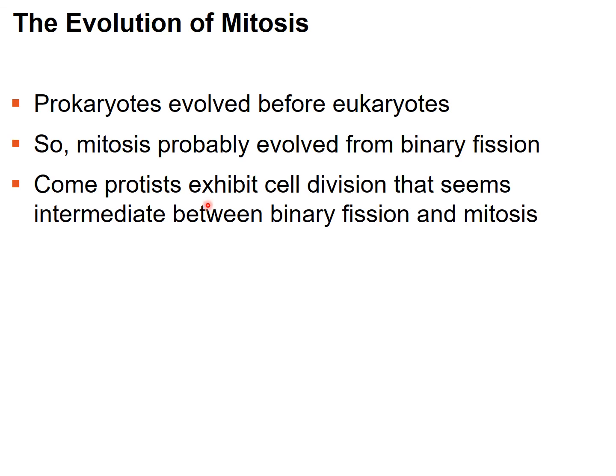Some protists exhibit cell division that is kind of in between binary fission and mitosis, right? Protists are one of those groups of organisms that evolved sometime after prokaryotes, but before the more complex eukaryotes like us.